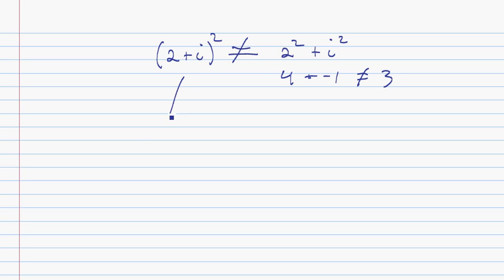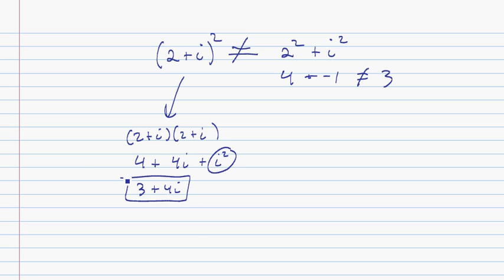You would have to take this and write it out as 2 plus i, 2 plus i. So if we FOIL that out, that would be 4 plus 4i plus i squared. And so really, you're going to end up with 3 plus 4i. Just be aware you need to write it out. And if there is a 2 plus i cubed, same thing. You've got to have this multiplied 3 times.